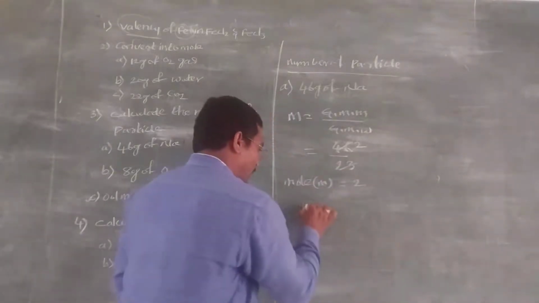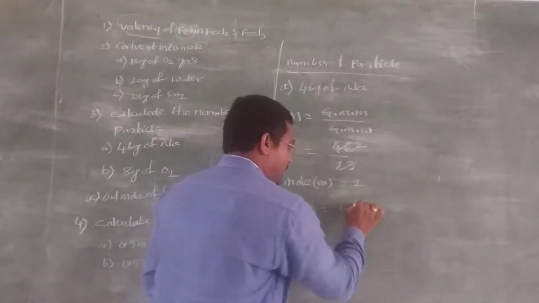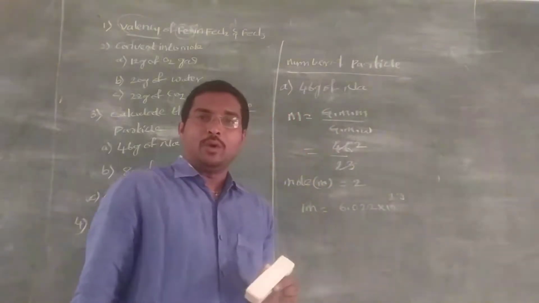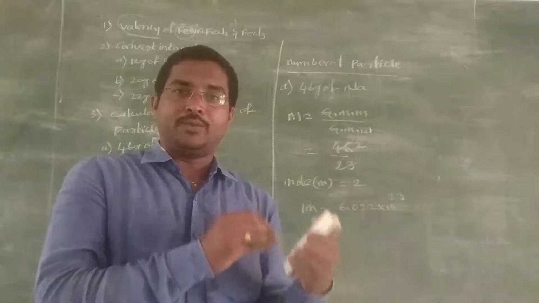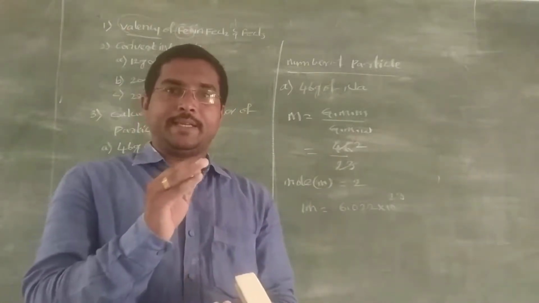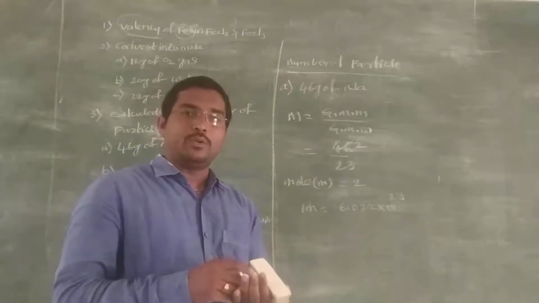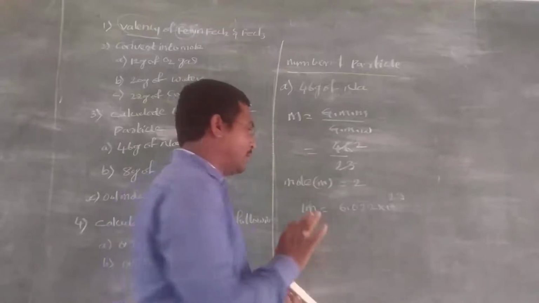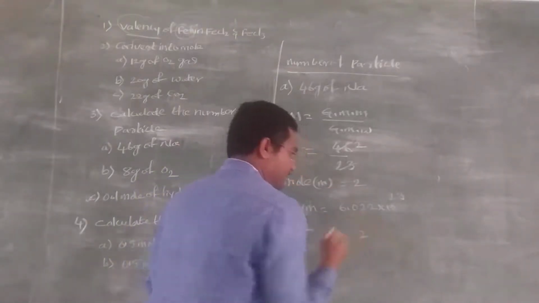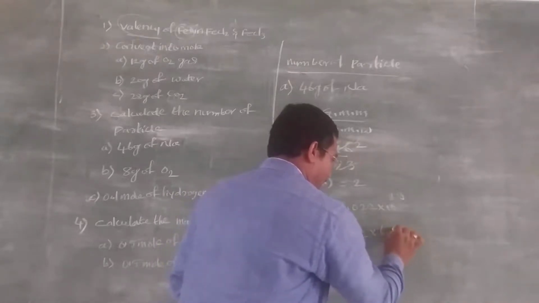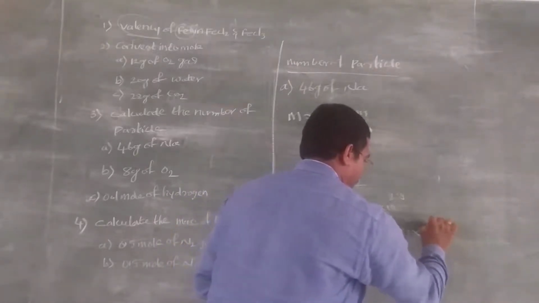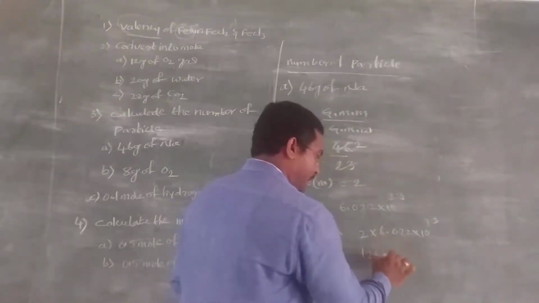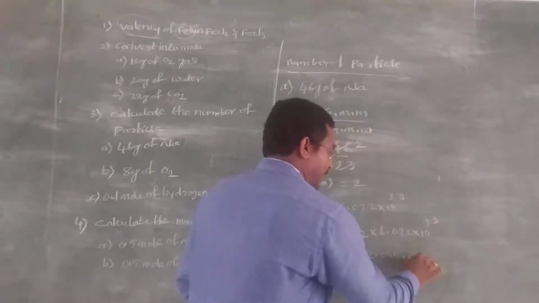See my dear, 1 mole is equal to 6.022 into 10 power 23 particles. 1 mole of atoms or molecules contains 6.022 into 10 power 23 particles. For 2 mole, simply multiply by 2: 2 into 6.022 into 10 power 23 gives 12.044 into 10 power 23.